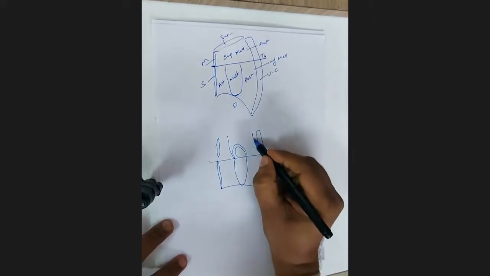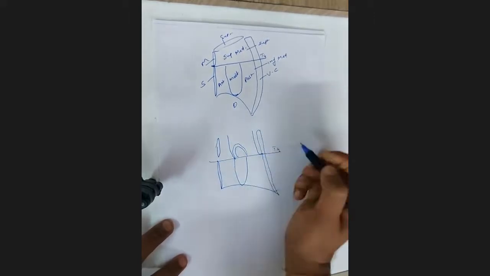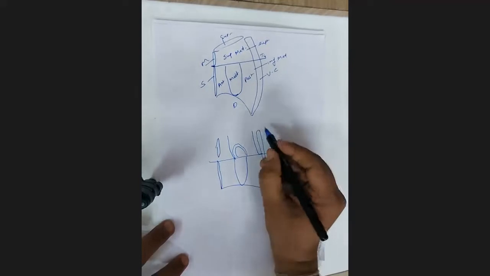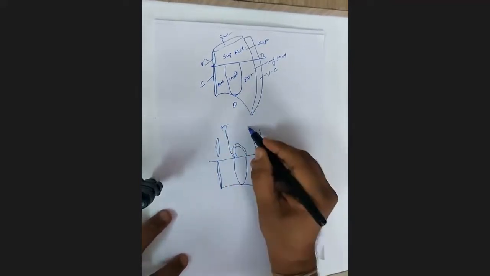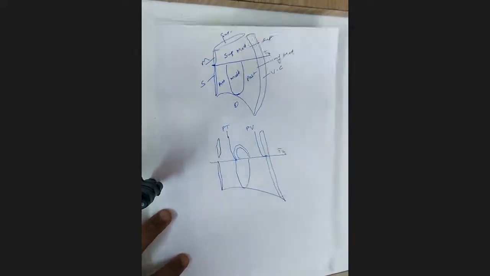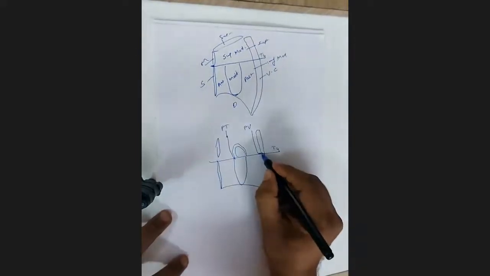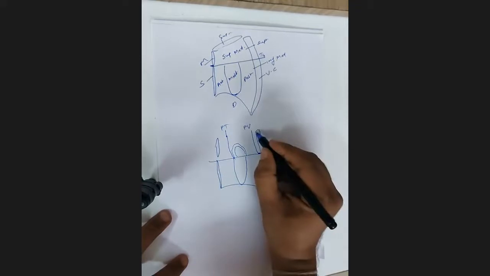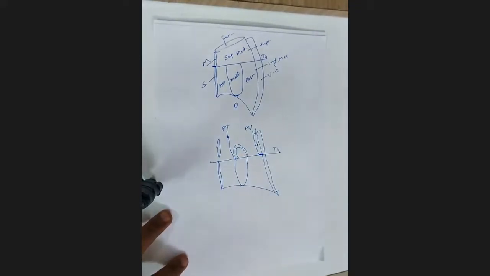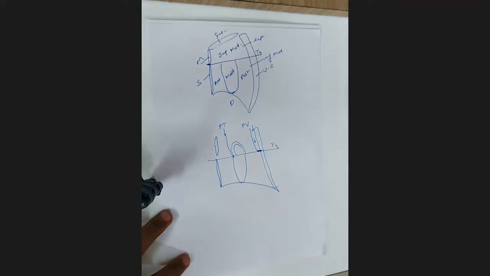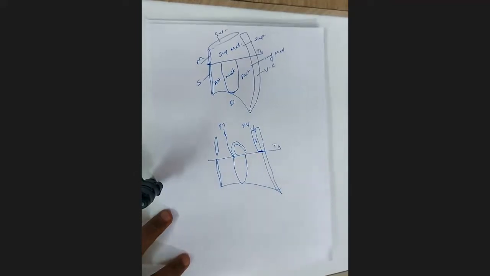Then there is prevertebral fascia which is attached to T4 level. So if there is any pus formation, this is pretracheal fascia, this is prevertebral fascia. Prevertebral fascia is attached to T4 level. So any pus behind the prevertebral fascia will be restricted to superior mediastinum only.